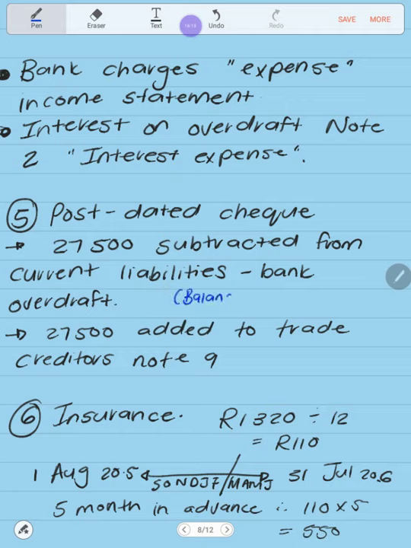So you're going to subtract it from the bank overdraft in your balance sheet, and you're also going to add the 27,500 to trade creditors because it's a post-dated check. You have made provision for it in your CPJ, but it has not yet been received by your creditor, so for you it is a liability.